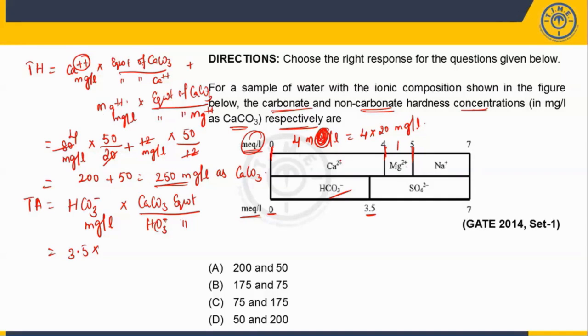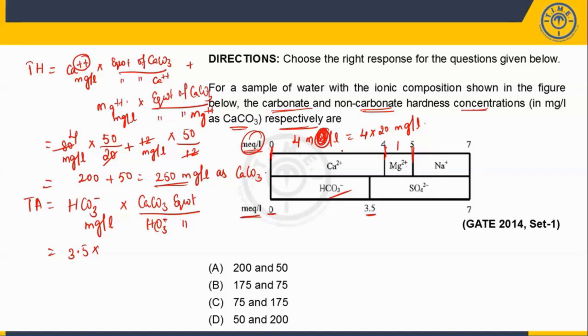Hydrogen is 1, carbon is 12, so 1 plus 12 is 13.